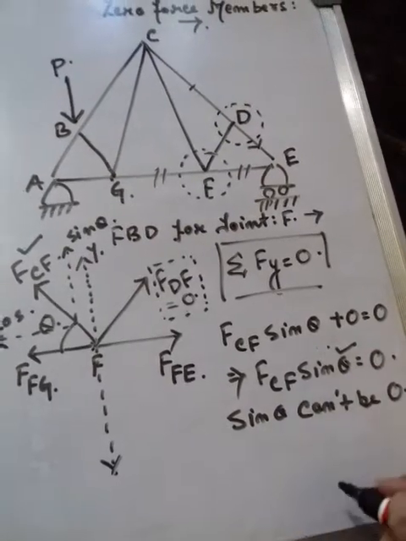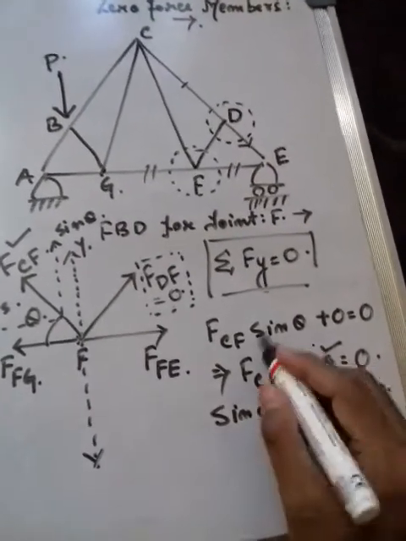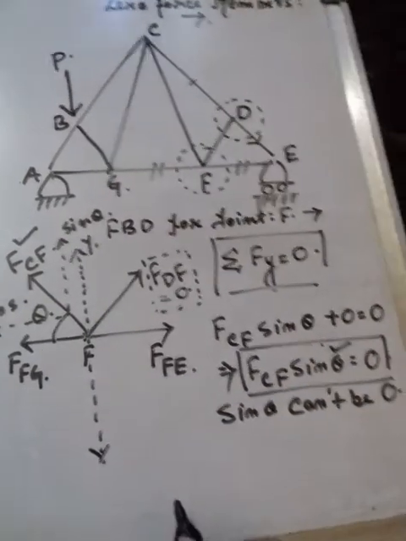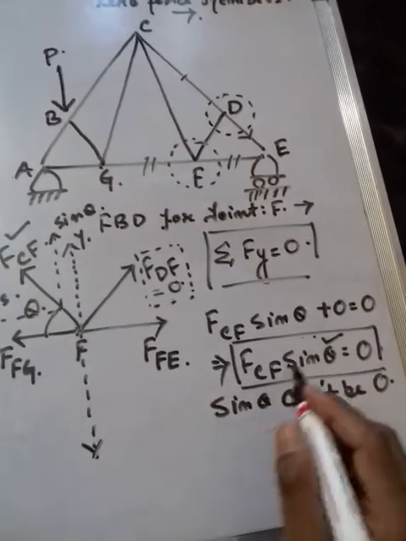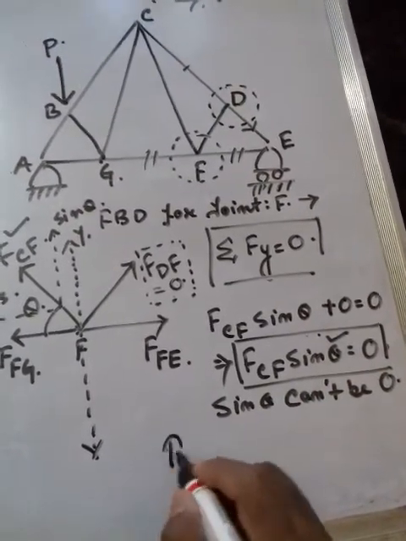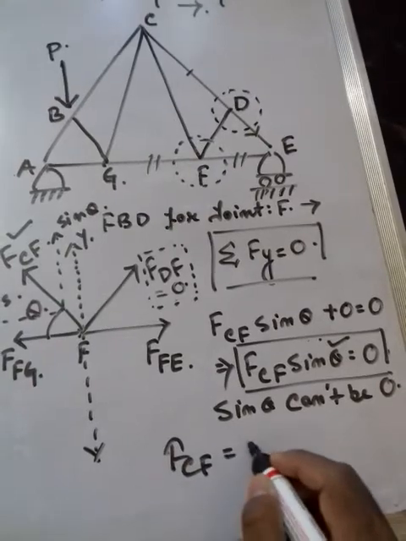Then FCF must be equal to 0, because something multiplied by 0 gives 0. So FCF is equal to 0.